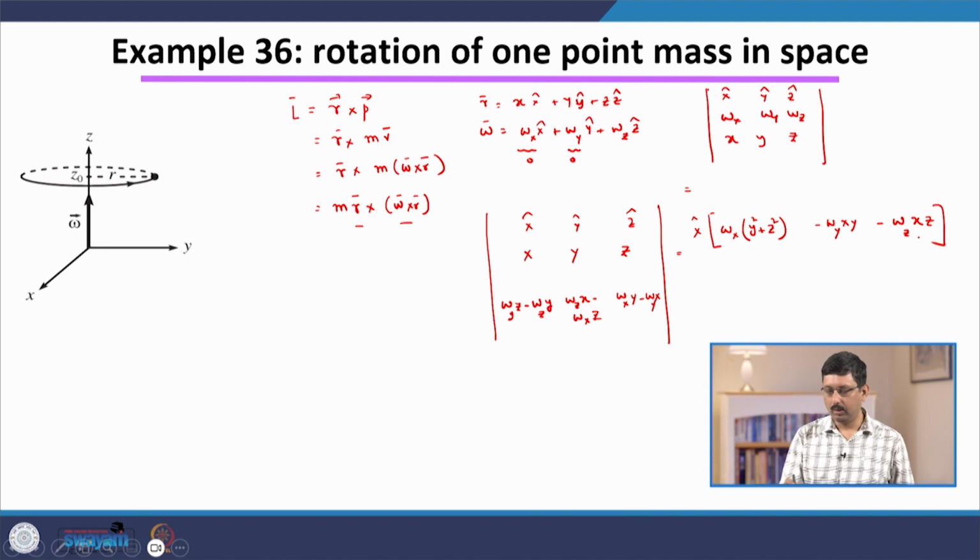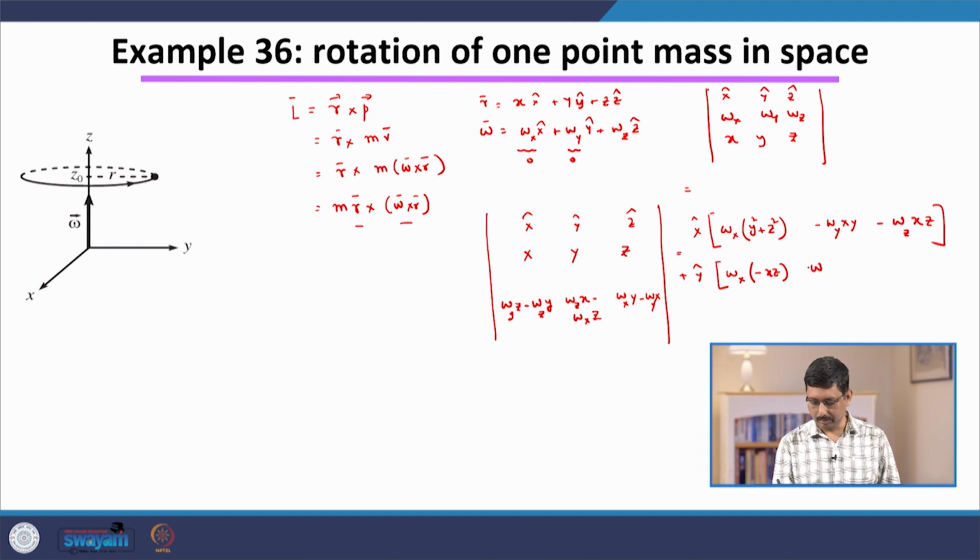I wrote it organized in this way to show you some deliberate pattern in the terms. The first term is omega x times something, second term is omega y times something, third term is omega z times something, and let us see if the same pattern should hold for the other components as well. Let us check that. For the y component, this times this minus this times this. So, the omega x terms will contain a minus x z.